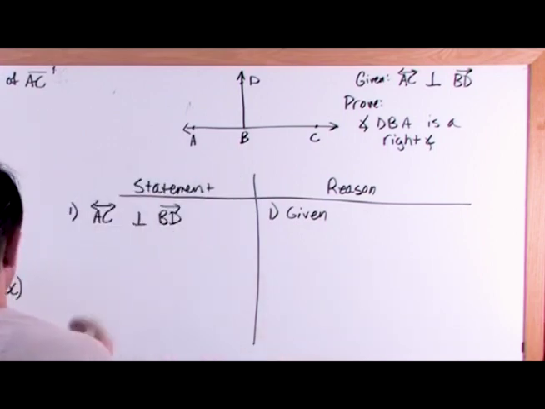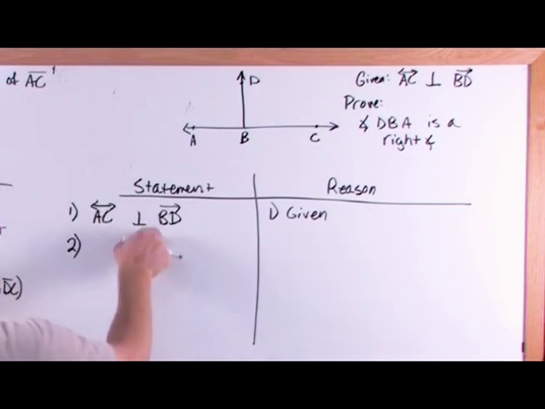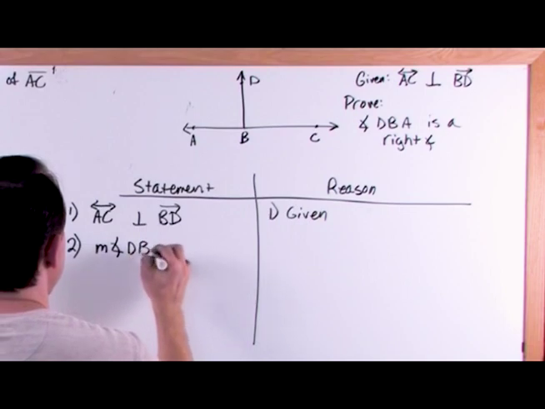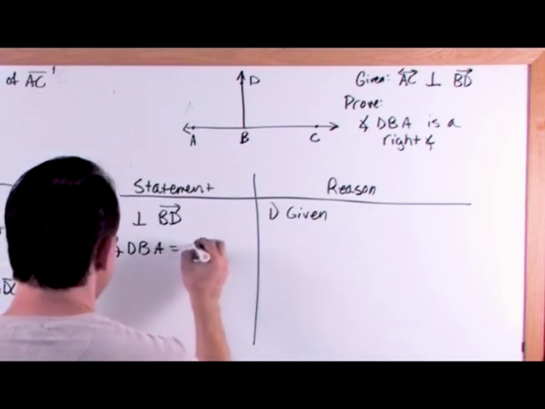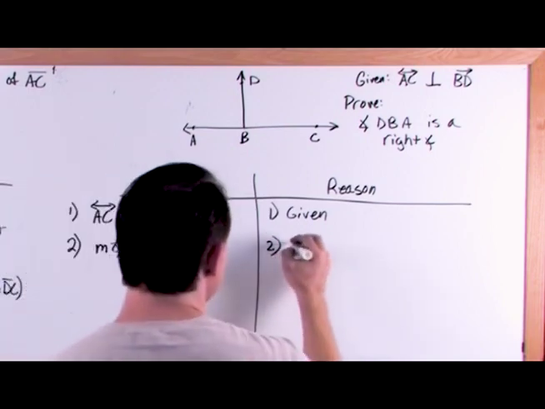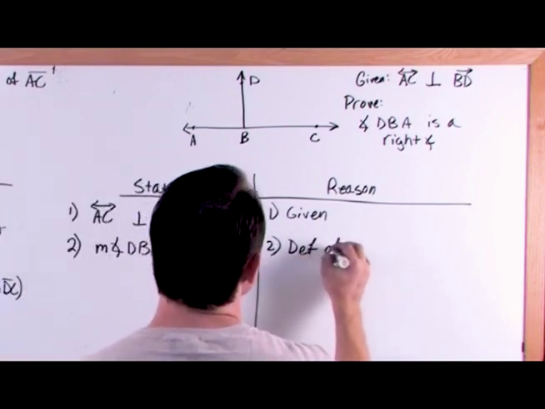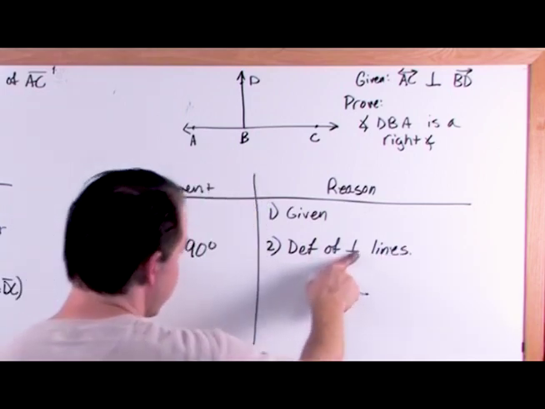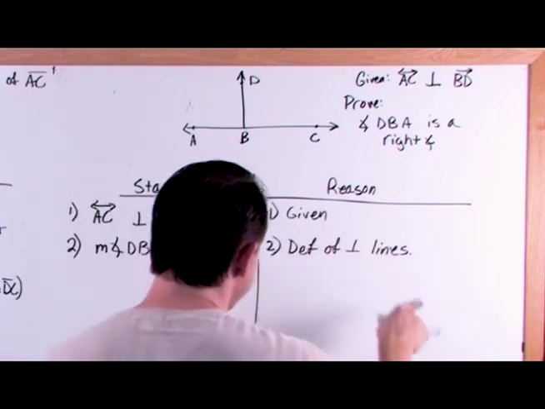Given. Now the next thing you want to do is use what you were given and build on it. So we're going to say that the measure of angle DBA is 90 degrees. And this is because of the definition of perpendicular lines, specifically perpendicular lines, are 90 degrees to one another.